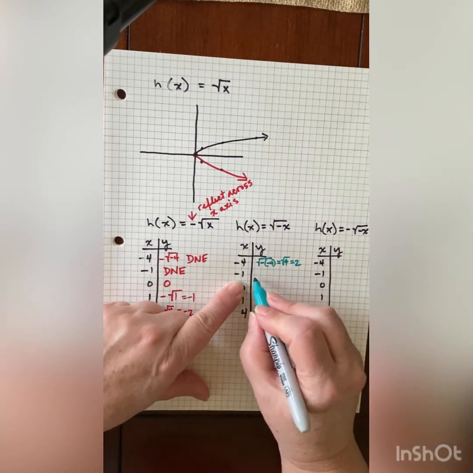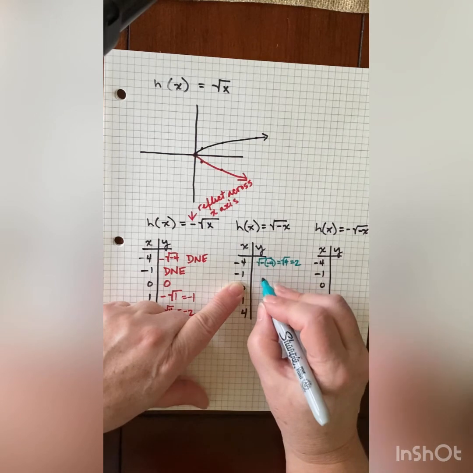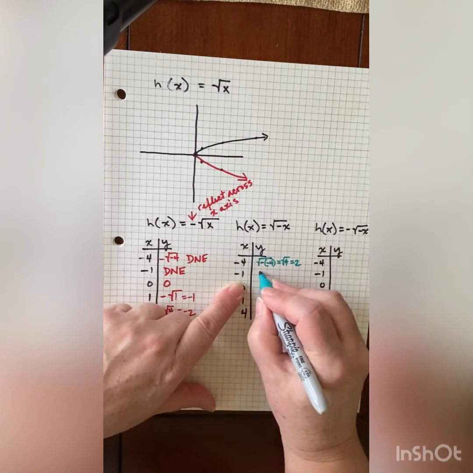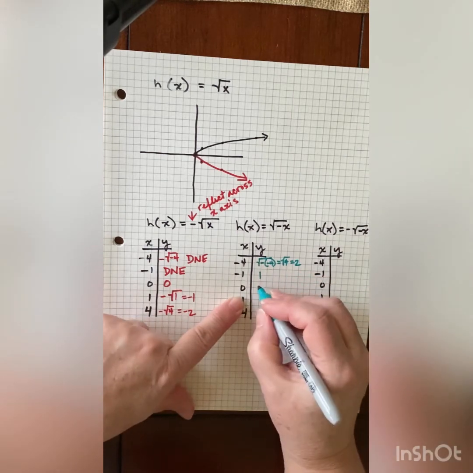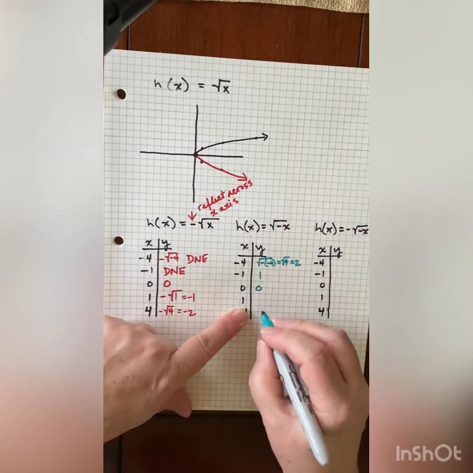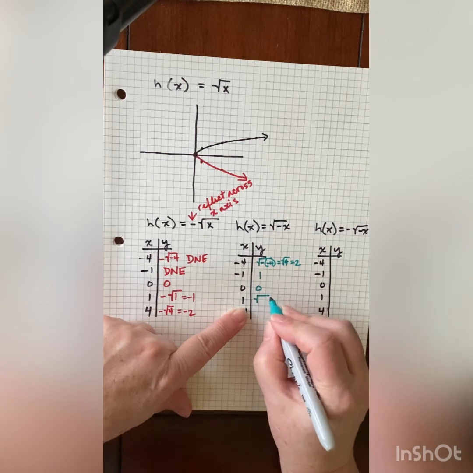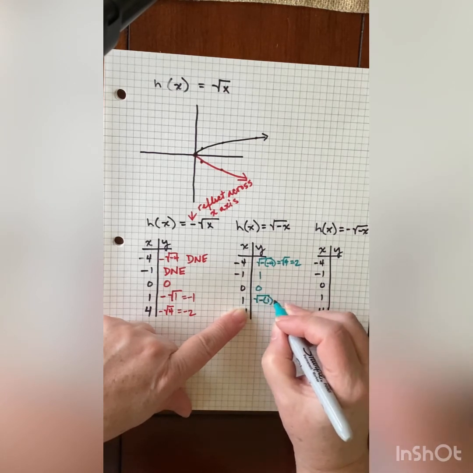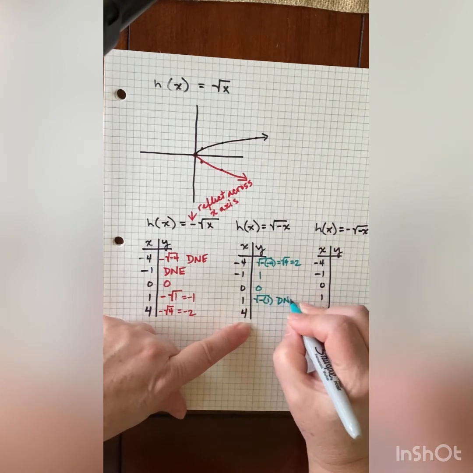And square root of 4 is 2. So if I do this work, it'll be the opposite of negative 1, which is 1. Take the square root of that. That'll give me a 1. A 0 is going to be 0. All right, let's try this one again. So I have the square root of the opposite, and here's my x at 1. That gives me a negative 1 underneath, so that one does not exist.